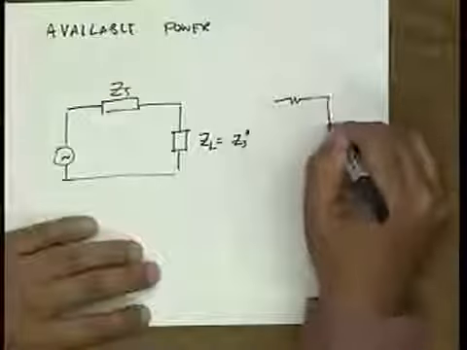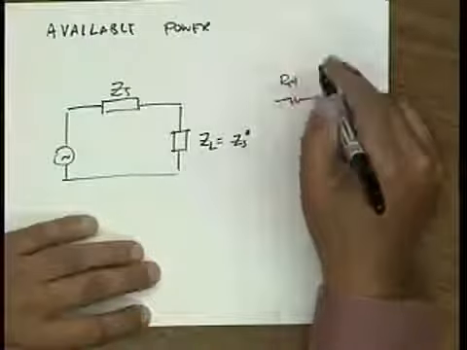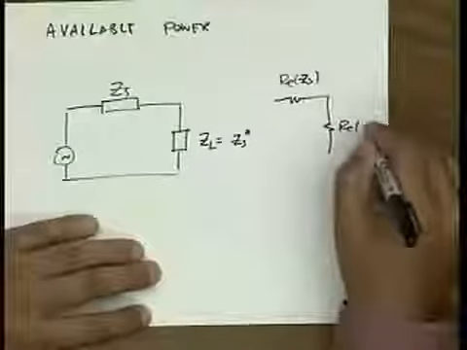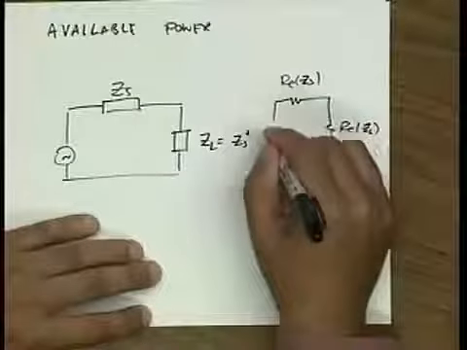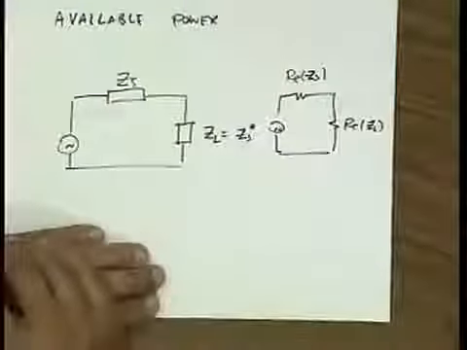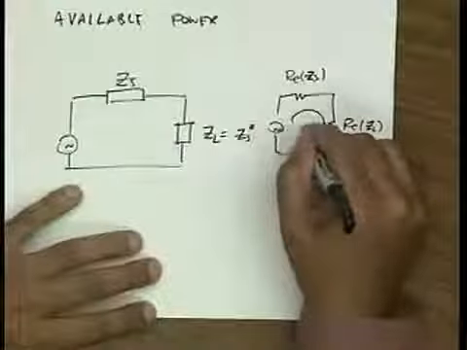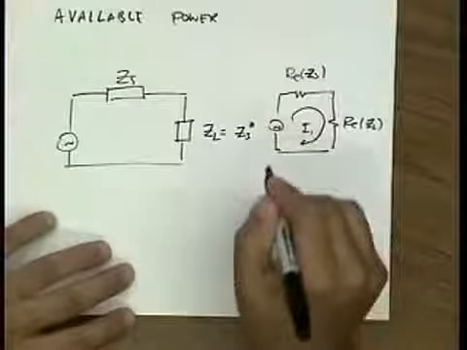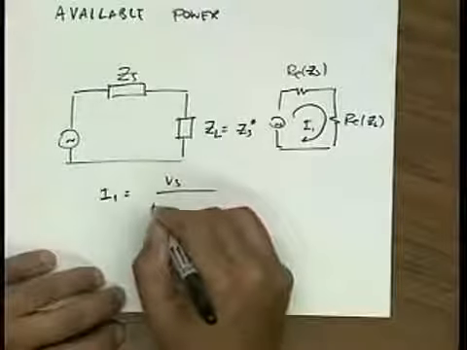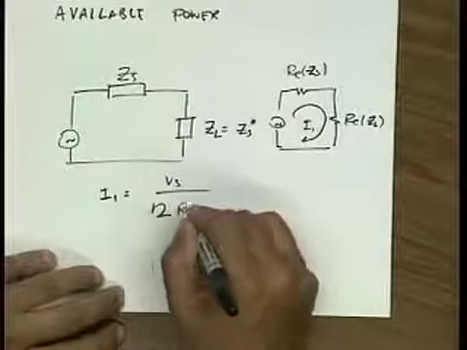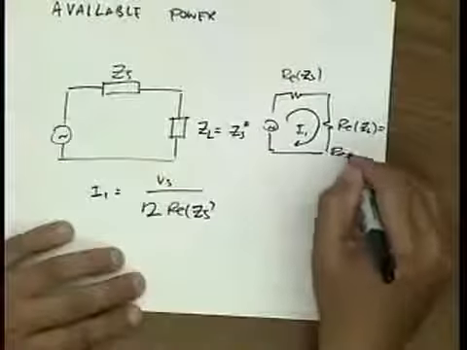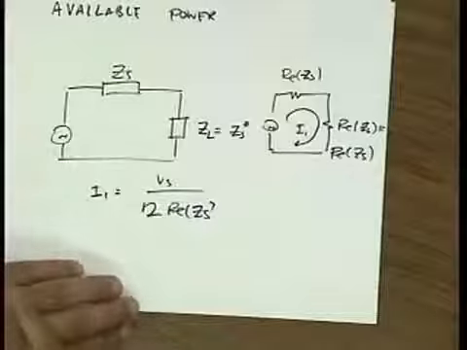That means my circuit simplifies into real part of ZS and real part of ZL, because the imaginary parts just cancel each other out. So now I can calculate the current. Let's say I1 is Vs divided by 2 real part Zs, because this is also equal to real part of Zs under matched conditions.